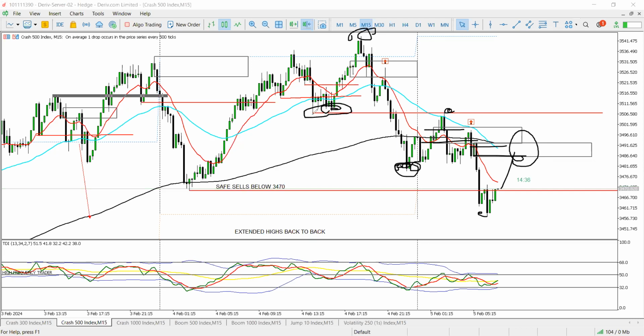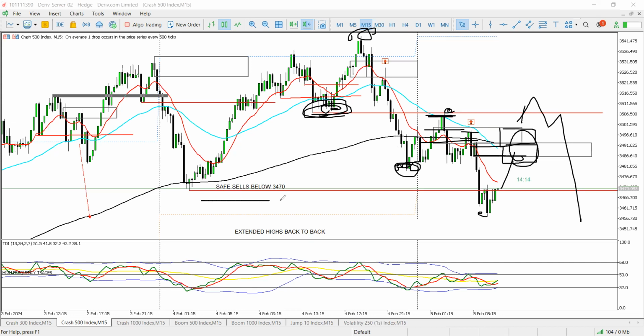Then we have this zone here. Those are my 3 points of interest. Either price will respect this, or they will respect this, or they will extend this level, or potentially extend today's high again, just coming above this zone here from yesterday before we get a pattern to sell. That's how I'm looking at it.